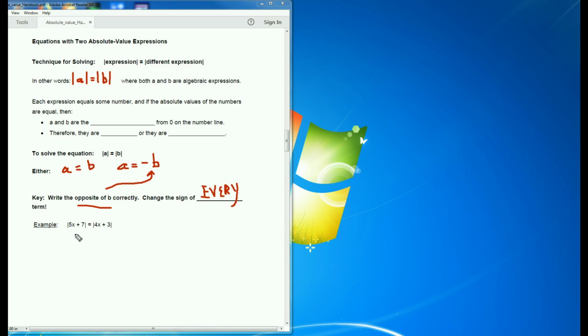So for example, I've got absolute value of one expression equals absolute value of another expression. Okay, so apply the technique.